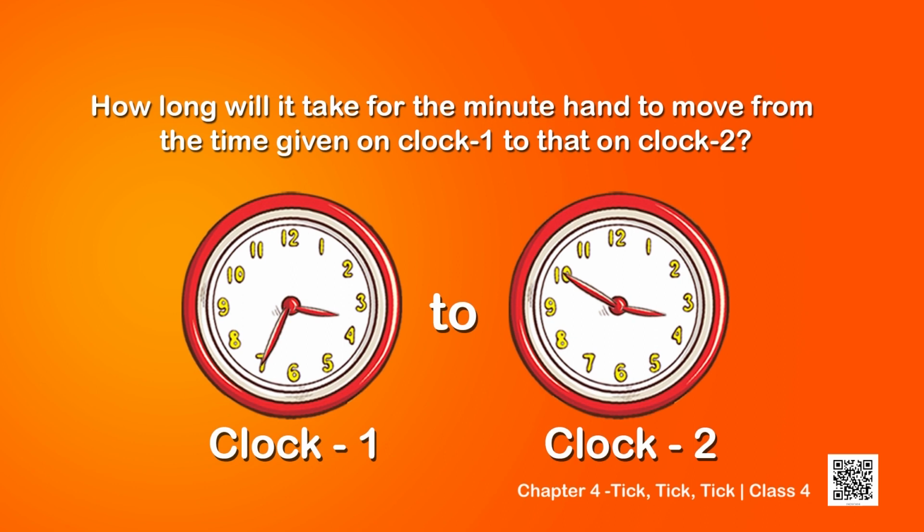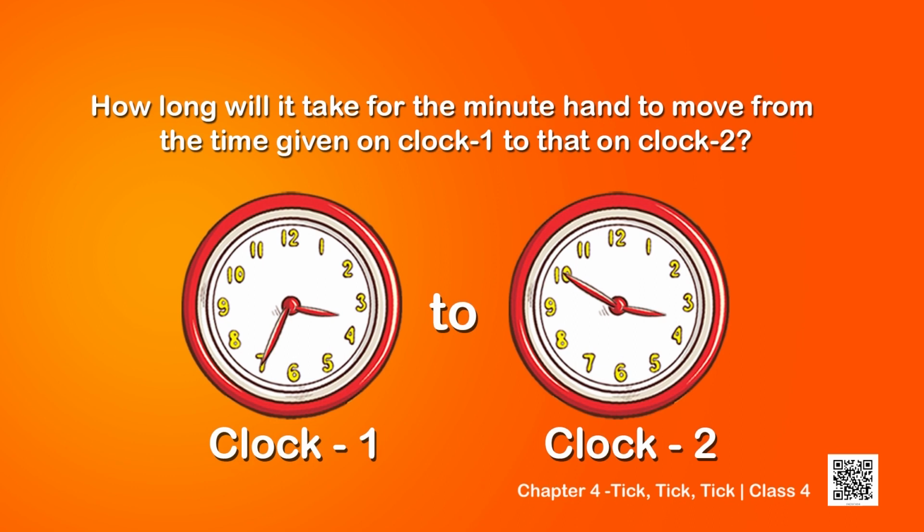You have to read the time on both the clocks. Then, you have to write the time taken by the minute hand to move from the time shown in clock 1 to the time shown in clock 2.